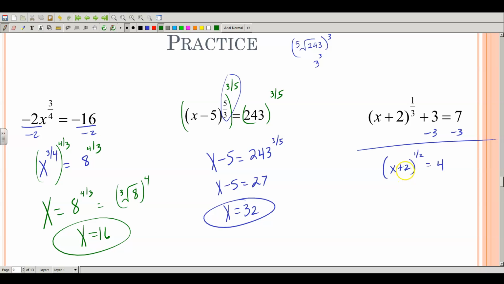It's the same thing because it's being raised to the 1/2. You could rewrite all these problems as an actual root or radical term. You don't have to, but just take note of that. I'm going to square both sides to get rid of that 1/2. So this would become x + 2 by itself equals 4 squared, which is 16. And therefore we can subtract 2 and get x = 14 for that problem.